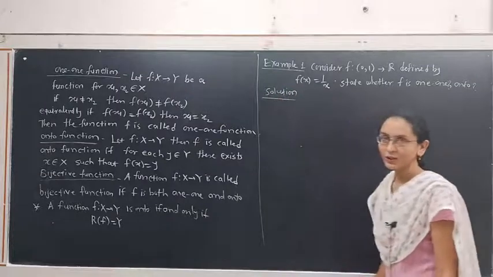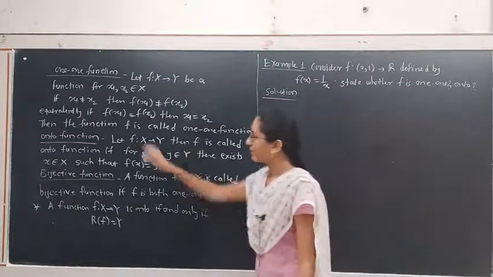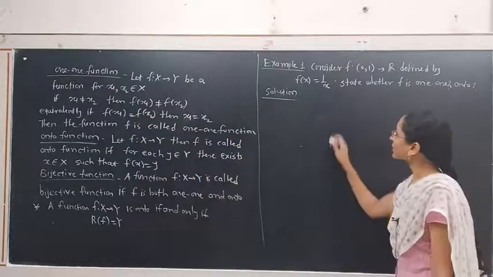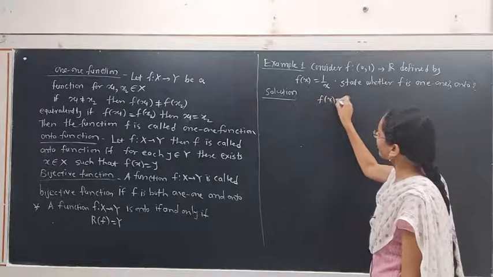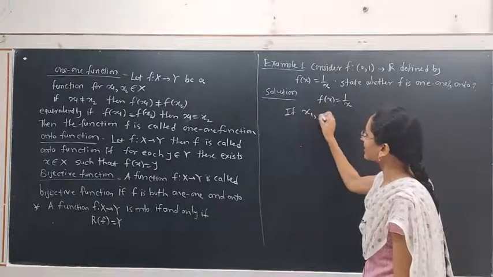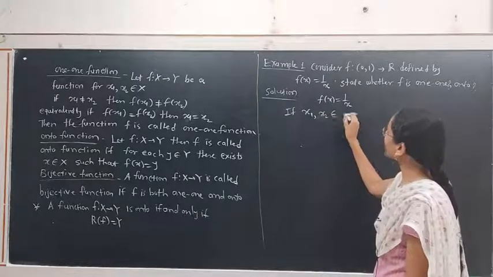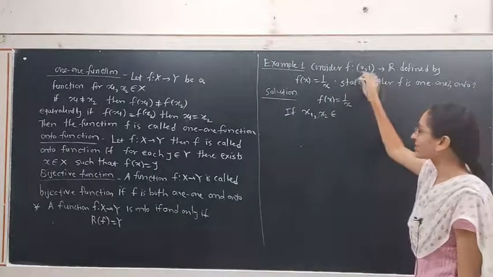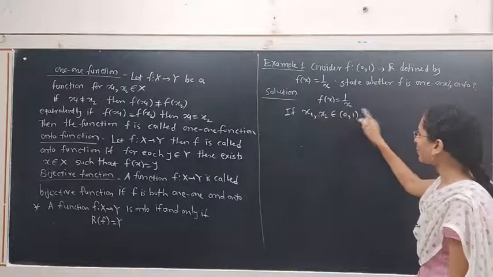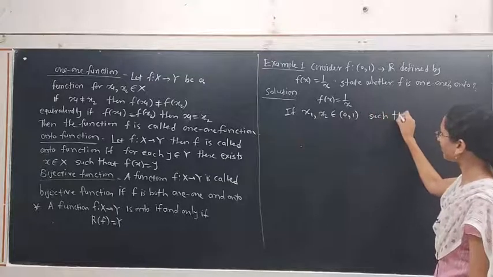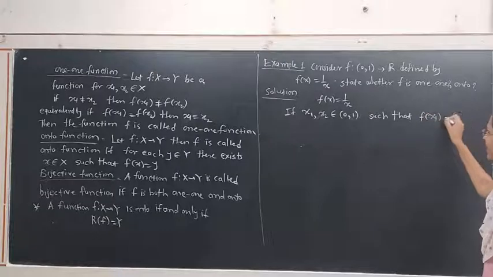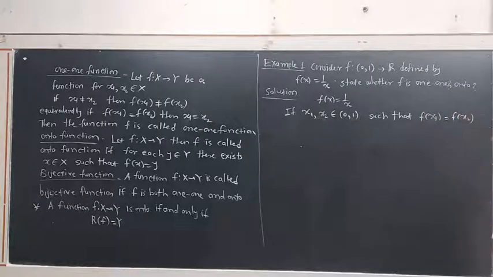What is the definition of one-one? If we take two images equal, then we must have their pre-images are also equal. Function is defined by f of x is equal to 1 upon x. If we have 2 points, x1, x2 belongs to domain set, which is domain of f, open interval (0, 1), such that their images are same, f of x1 is equal to f of x2.